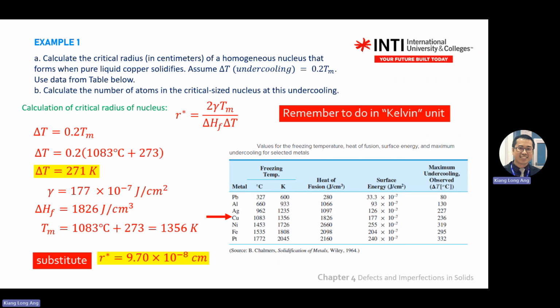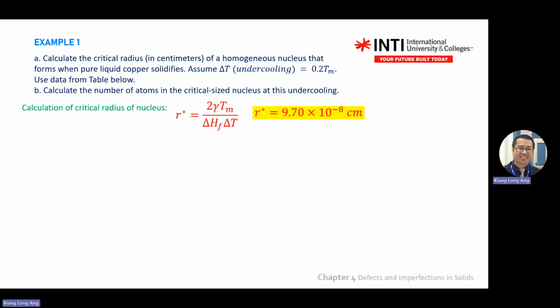How to find the number of atoms? Divide undercooling? I'm thinking, processing. Divide undercooling? No.